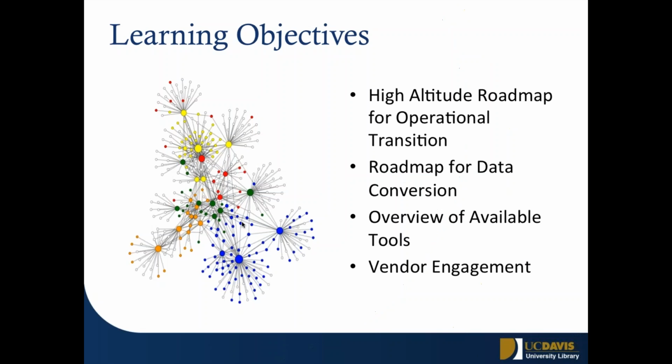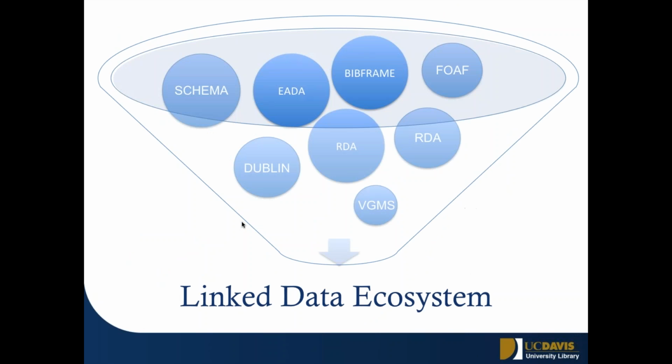So one thing I want to note just quickly as a caveat to this process is that I'm going to be talking specifically about BIBFRAME, but these principles apply to any type of linked data transformation. So in some cases, people actually might be converting into multiple instantiations that are linked data oriented to serve particular audiences.